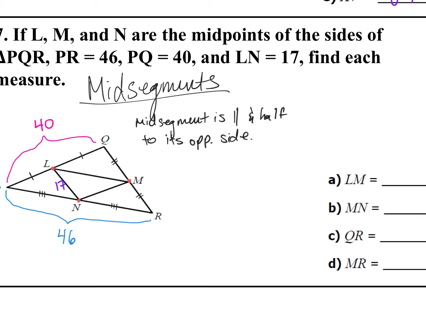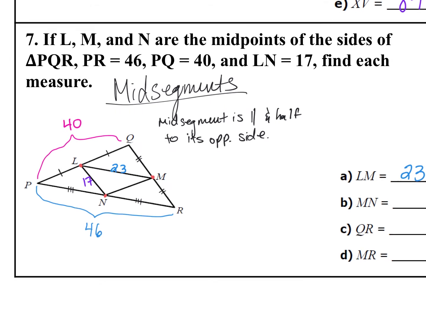So in order to find LM, I have to divide PR, which is its opposite side, by 2. So 46 divided by 2 gives us 23. Okay, so this right here is 23.